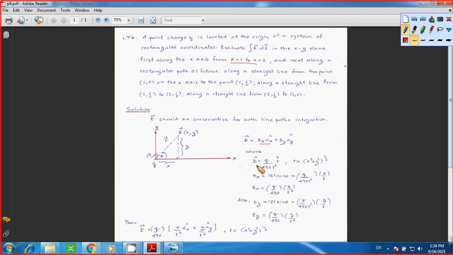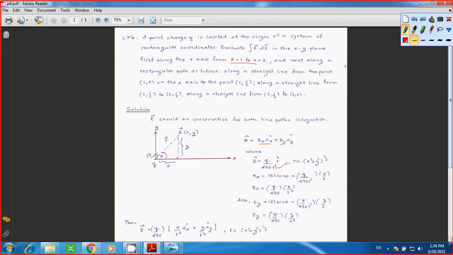From Coulomb's law, you know that E equals Q over 4 pi epsilon r squared, and to show the direction you also put the unit vector of r, where r points from the origin to the particular point where you're looking for the electric field.